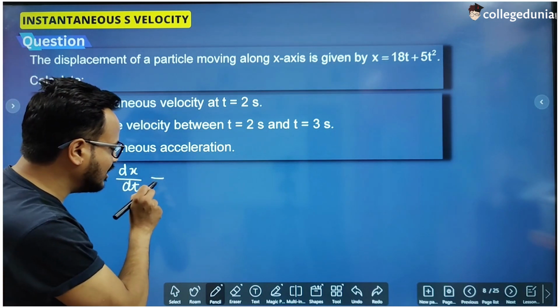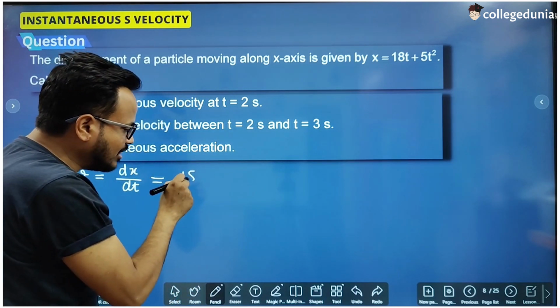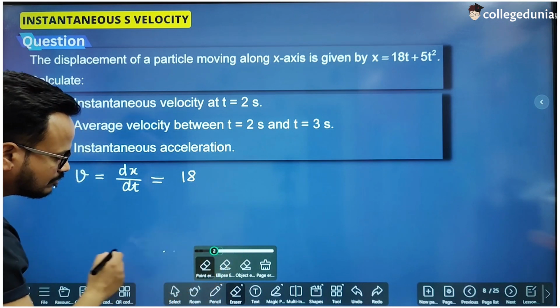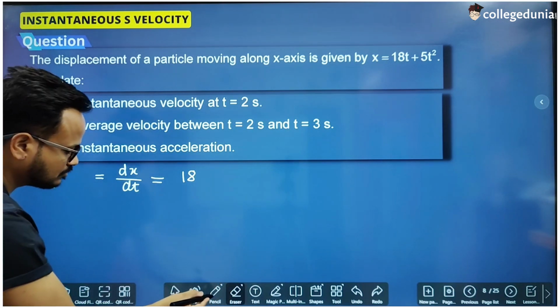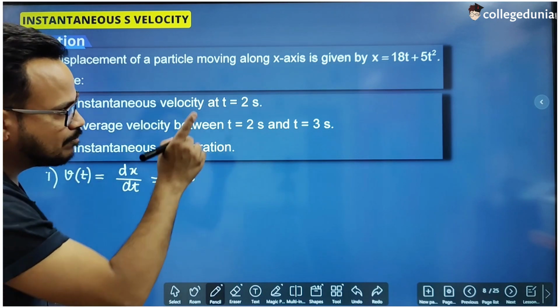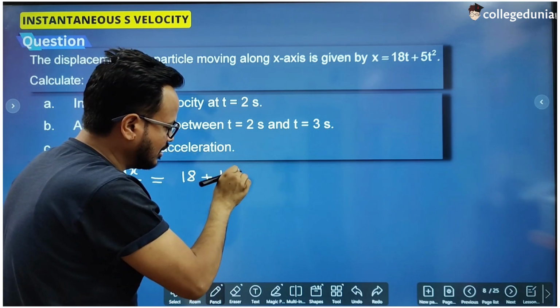So we will differentiate this. What is the derivative of 18t? It is 18. This is also a function of time, V as a function of t: 18 plus 5t squared differentiates to 10t.